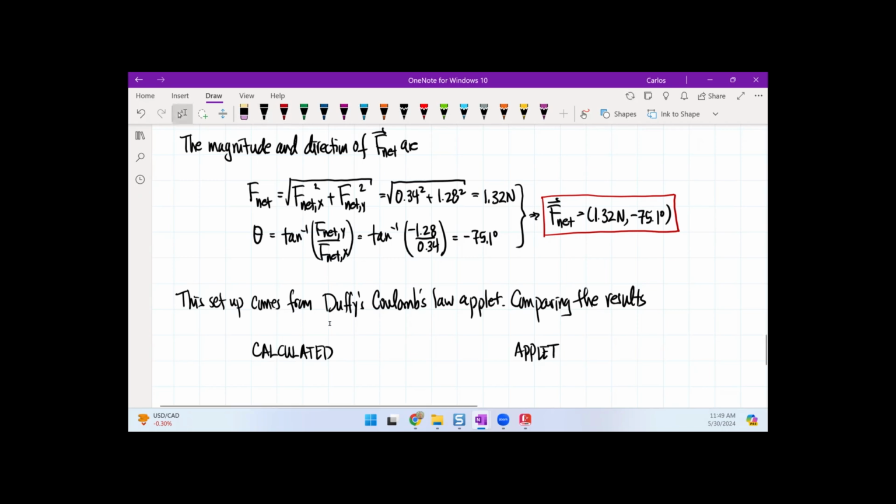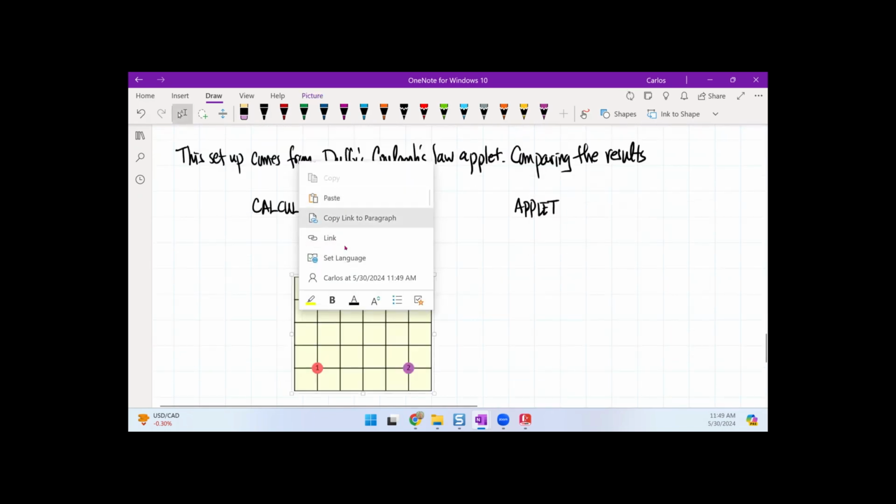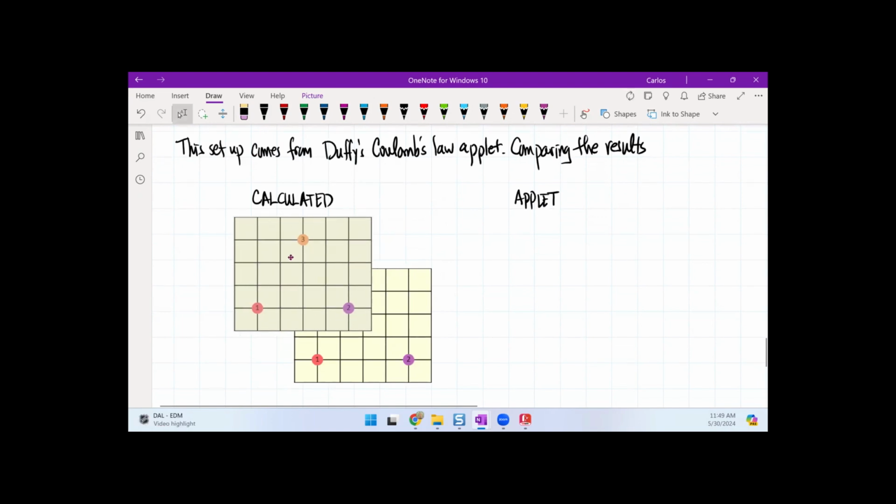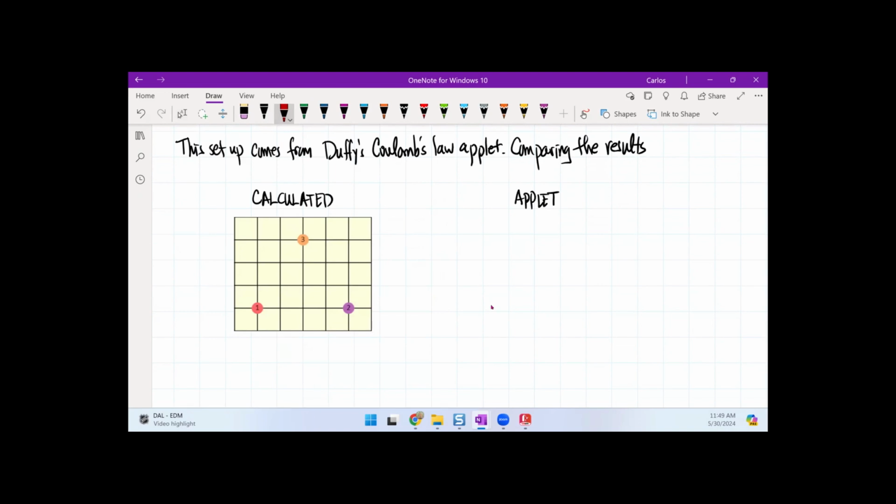So if I come over here and paste in what we calculated, we calculated that we're going to have a vector that's about this length right here, and this is the magnitude of the net force. This length here, we saw was 1.32 newtons, and it had a direction of 75.1 degrees below the axis.